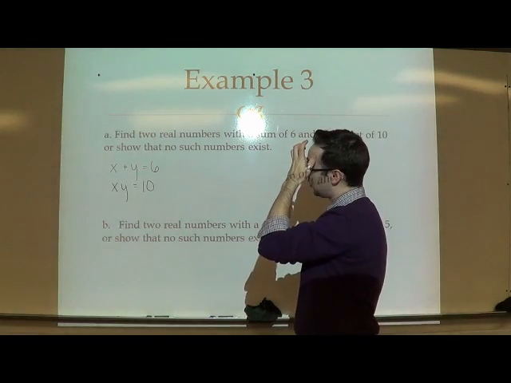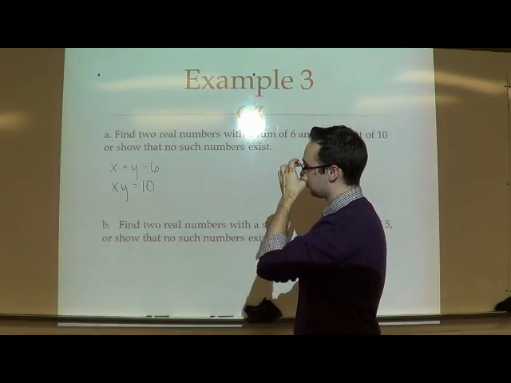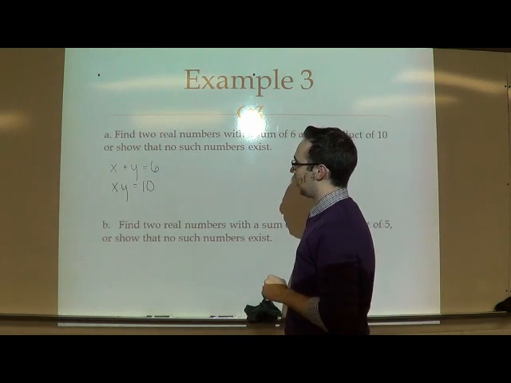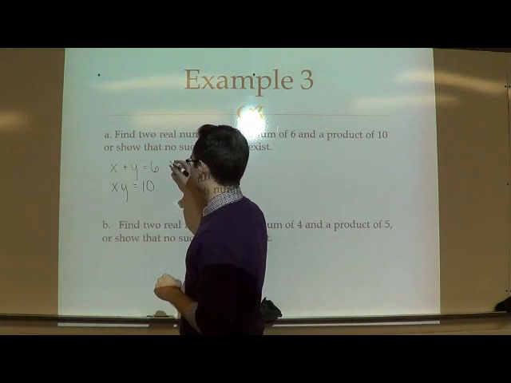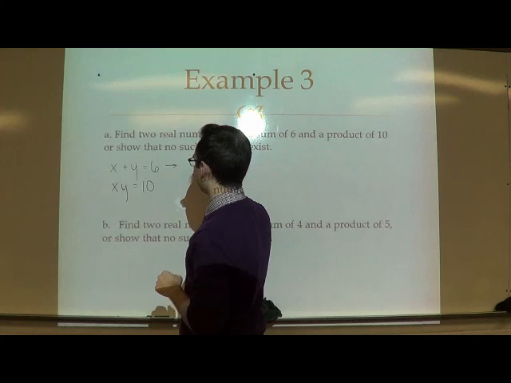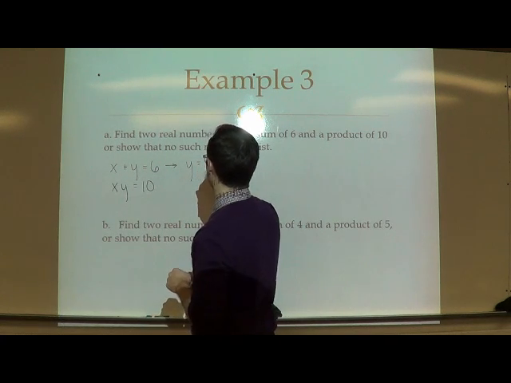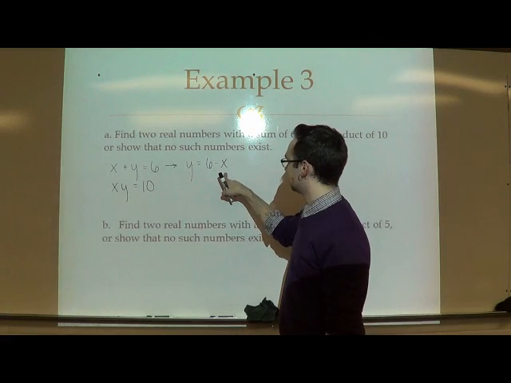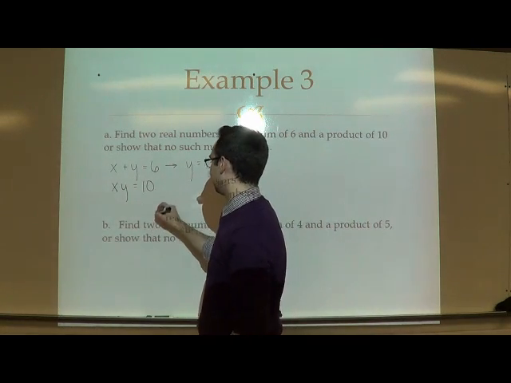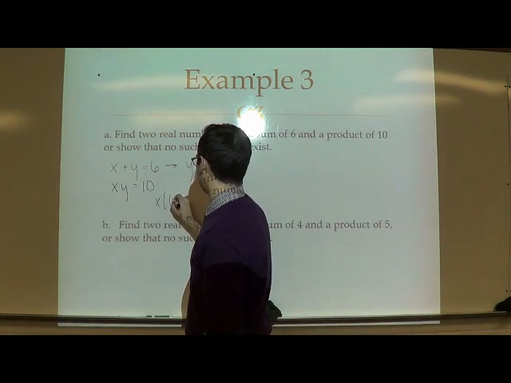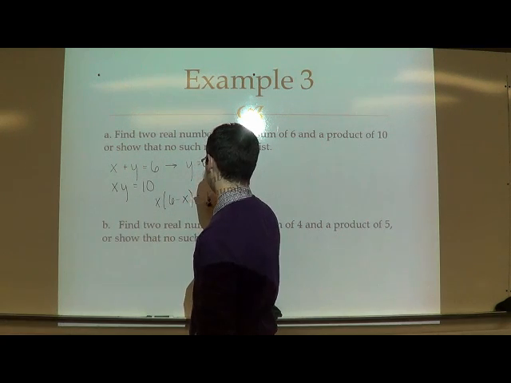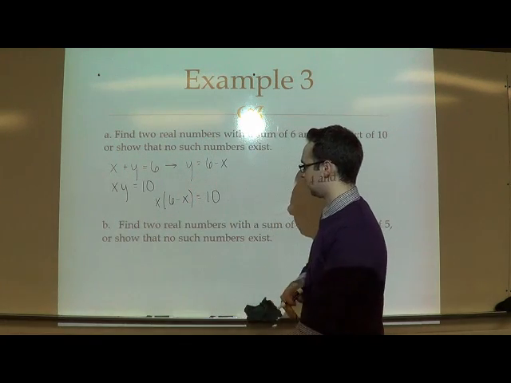So when we're doing this, if I were to rewrite this and say y equals 6 minus x, I can substitute that in down here and say that x times 6 minus x is equal to 10.